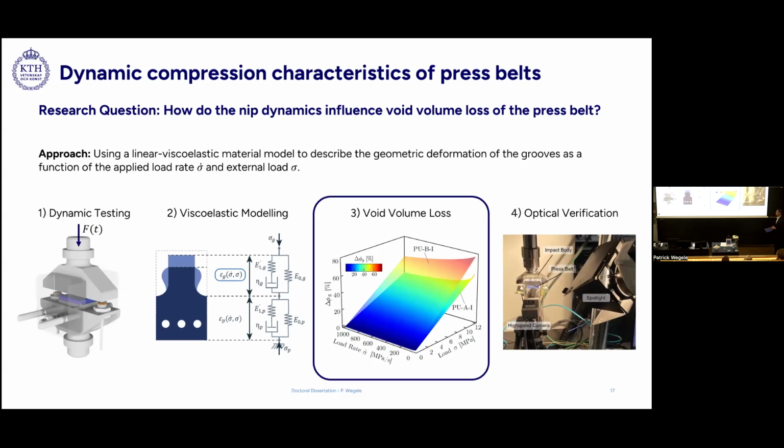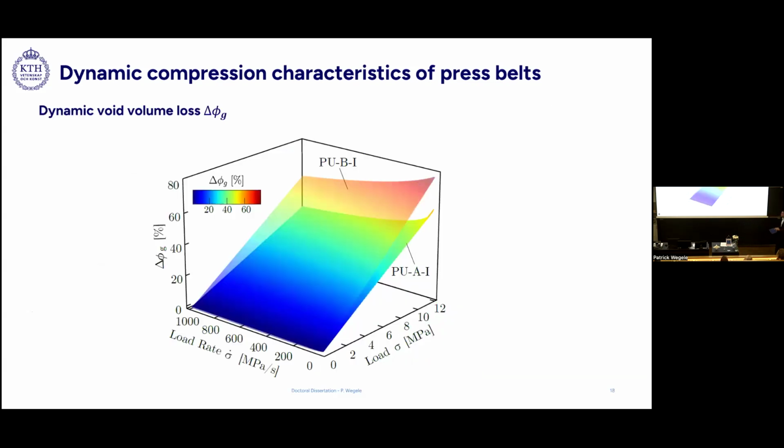But let's have a closer look at the results. This is a 3D chart depicting the void volume loss on the z-axis as a function of the load on the x-axis and the load rate on the y-axis. What you can now nicely see is that the void volume loss, which is the deformation of these grooves, of course increases with increasing load. But it also decreases with increasing load rate, meaning that the viscoelastic effects of this matrix decrease the volume loss.